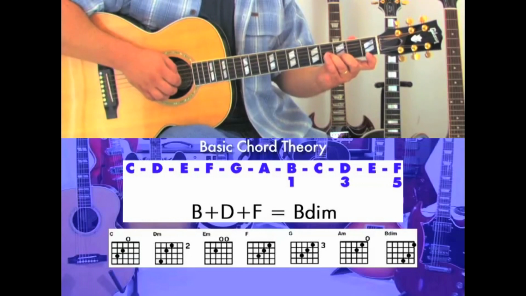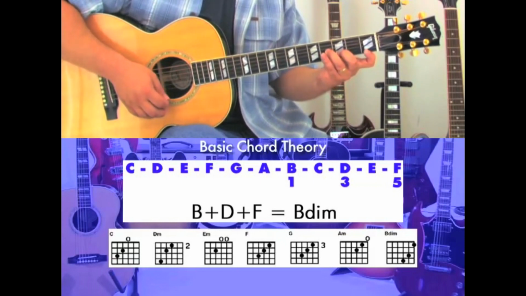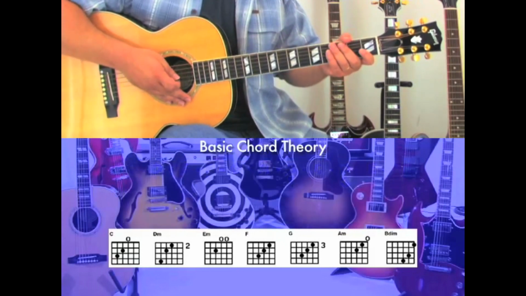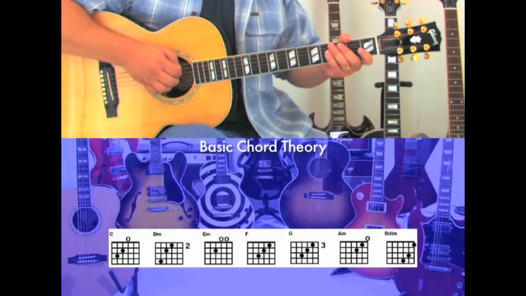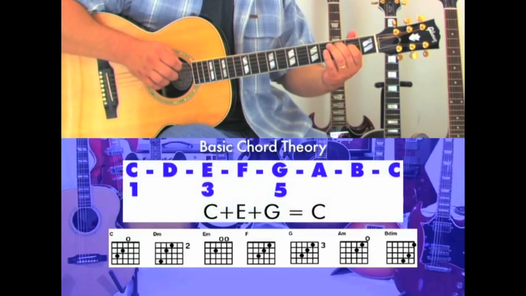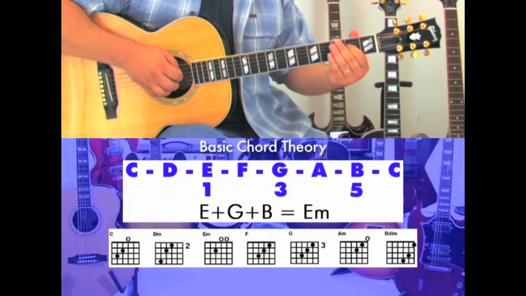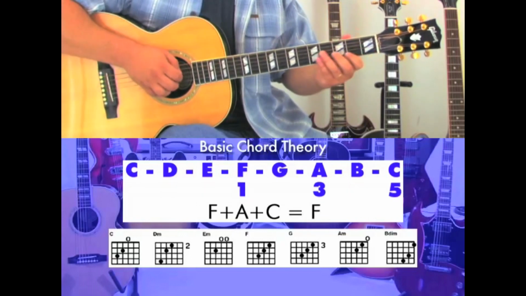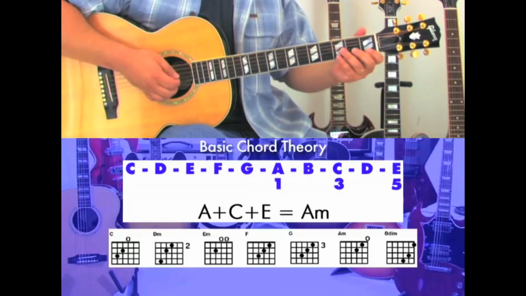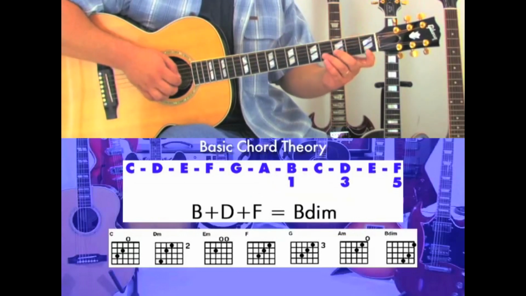So if we want to stay within our scale or within the key of C, our seventh chord will be a B diminished. Altogether, the C scale harmonized as chords is C, D minor, E minor, F, G, A minor, and B diminished.